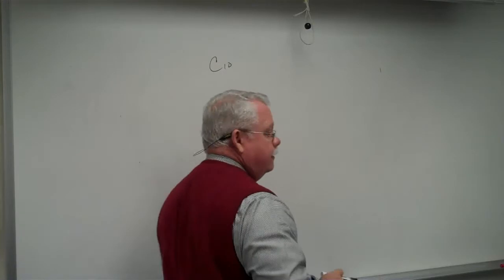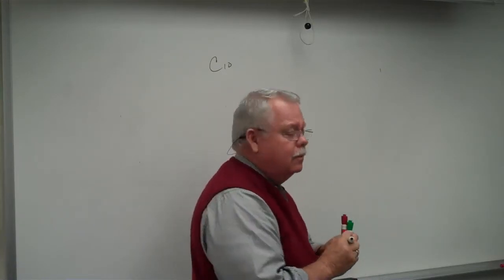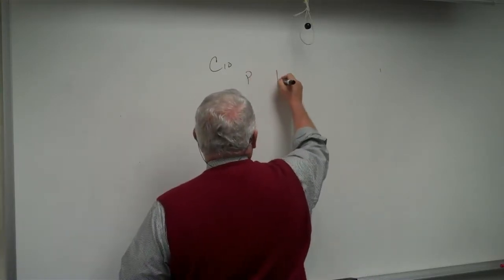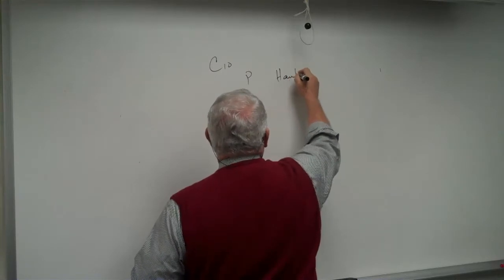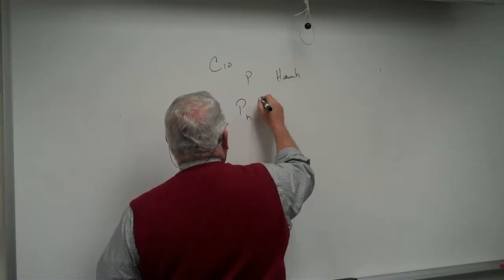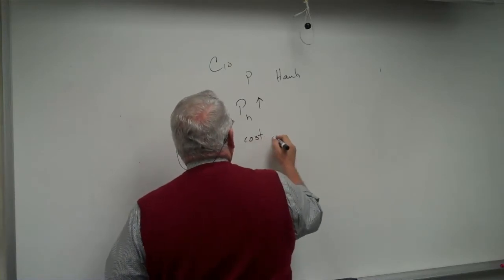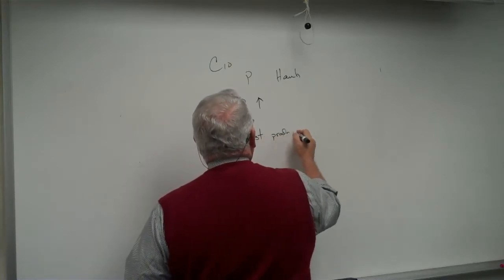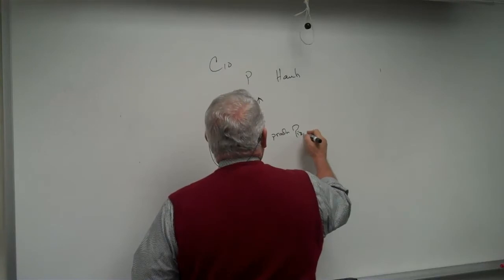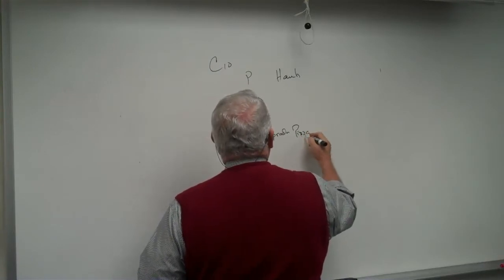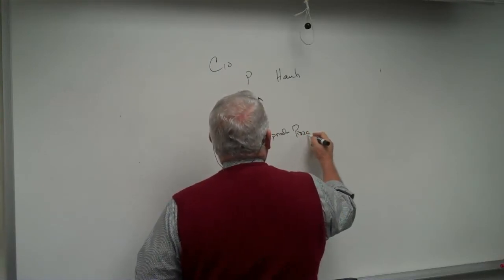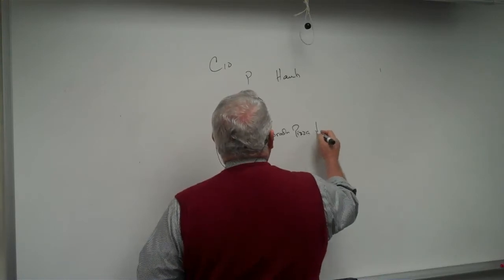Tell me about it. Pizza and hamburgers are substitutes in consumption. Okay? The price of hamburgers rises. At the same time, the cost of producing pizza decreases.